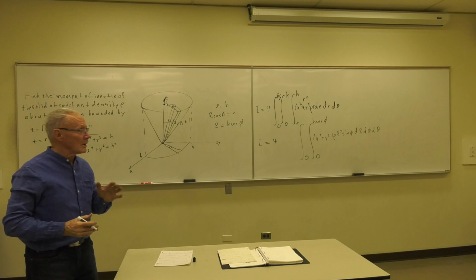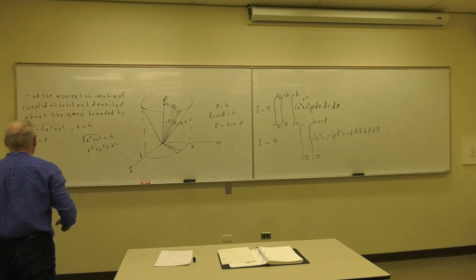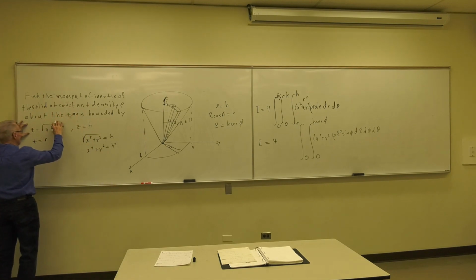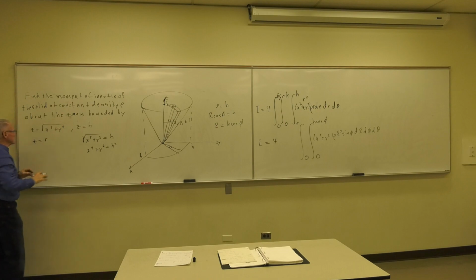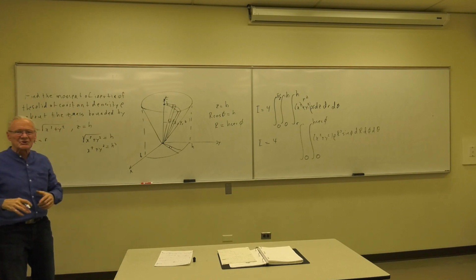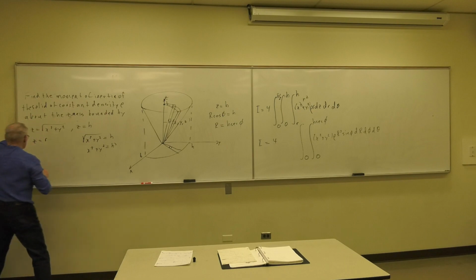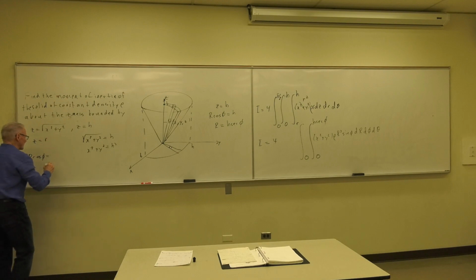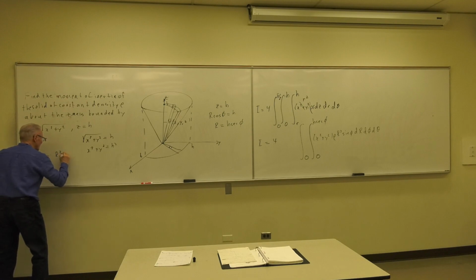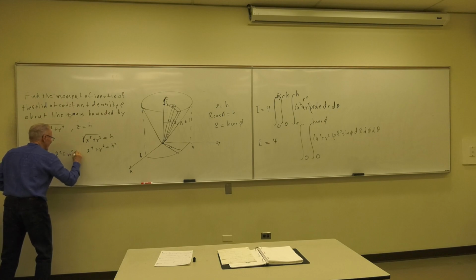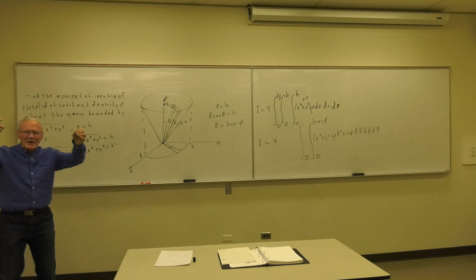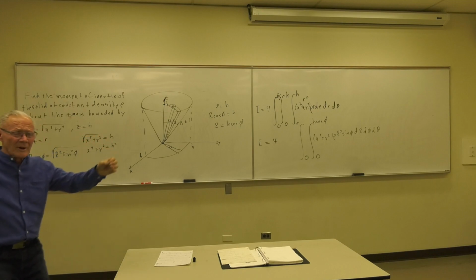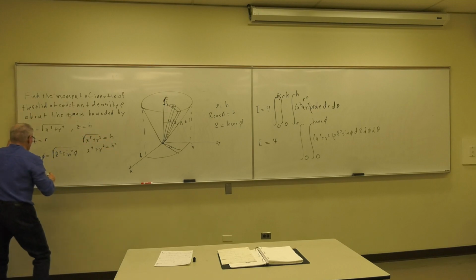The cone. All right, so I've got to take this equation, that's the cone, and transform that into sphericals. Well, z is equal to r cosine phi. And remember, x squared plus y squared turned out to be r squared sine squared phi. There was the x squared, and there was a cosine squared theta and the sine squared theta. We saw that before. That was fun. So what have we got here?